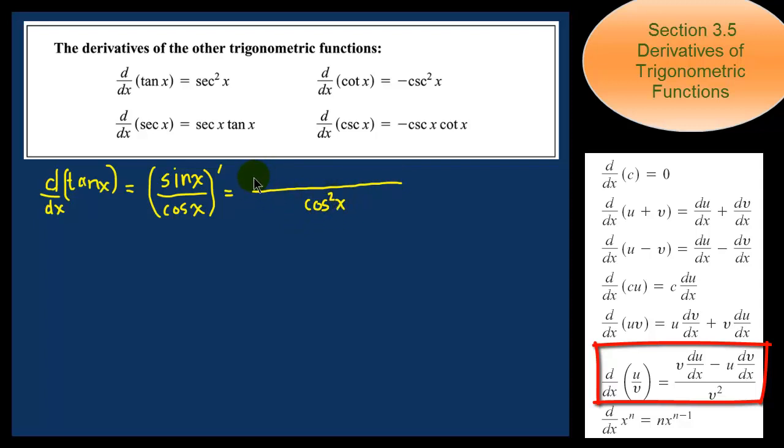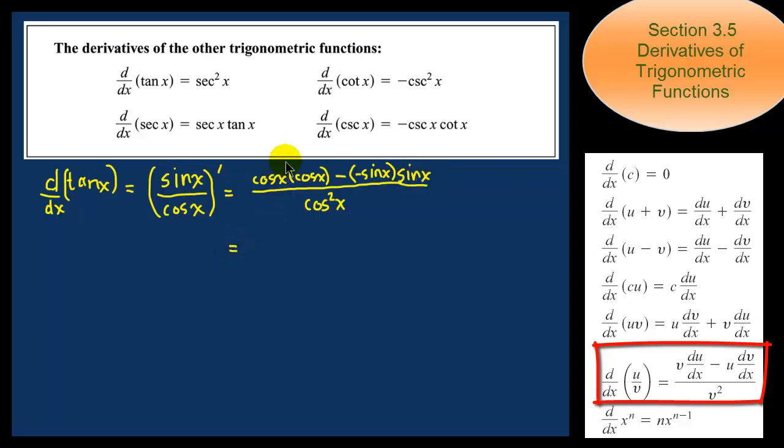And the top would be the derivative of the first, the top, which is cosine x, times the bottom, which is cosine x there, minus, this time we take the derivative of the bottom, which is negative sine x, multiplied by the function on the top, times sine x.